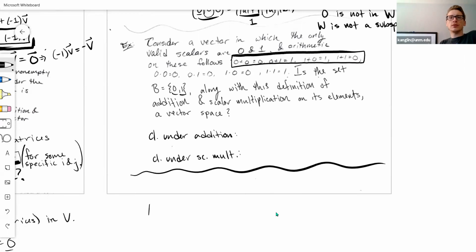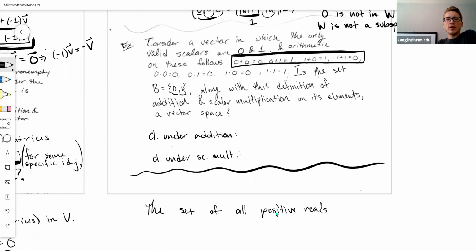Other things to consider that might be interesting. What about the set of all positive numbers, the set of all positive reals?